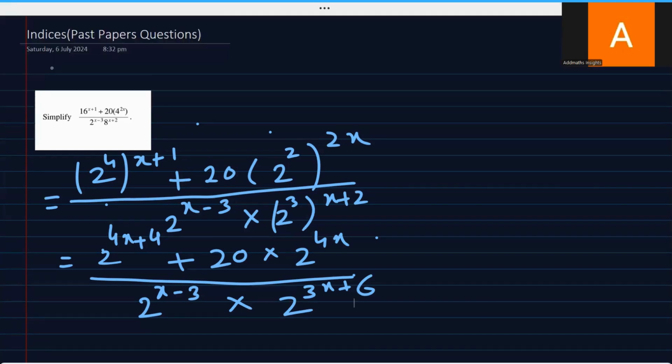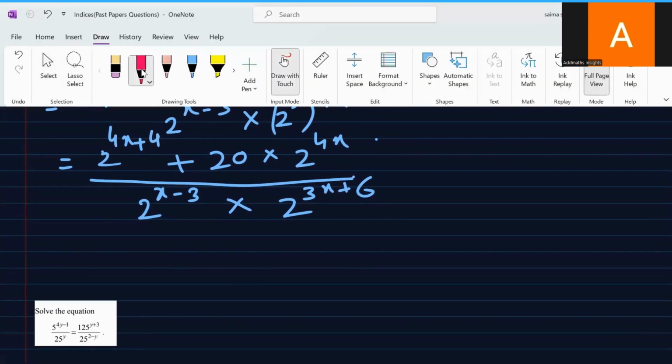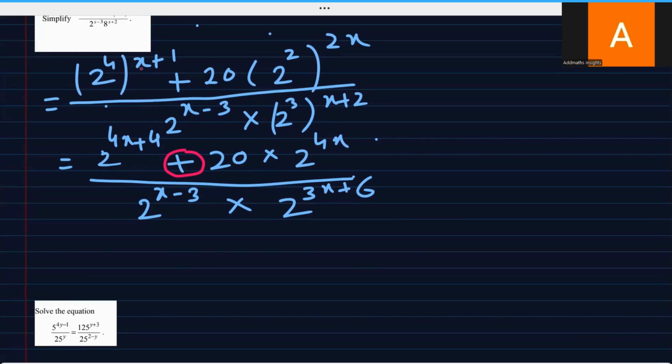Next step, you see in the numerator we have a plus sign. Because of this plus sign, you can take common from these two. Here we have 2 raised to the power 4x plus 4, and in the next term we have 20 times 2 raised to the power 4x.